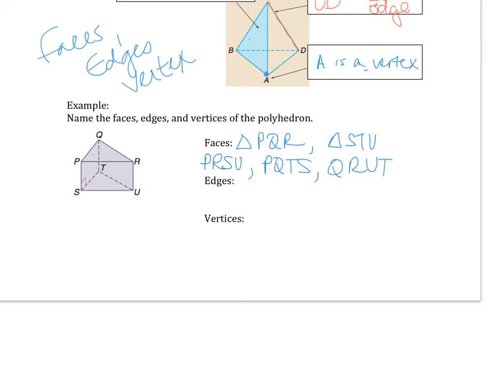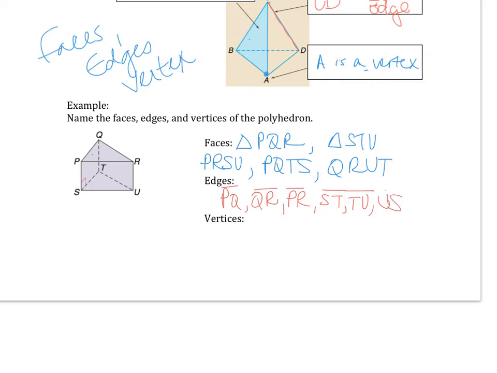All right, talking about my edges, and again, the edges are those sides, so to speak. So my edges here are PQ, QR, PR, so that's my top three edges. My bottom three edges down here make up that triangle. So that is ST, TU, and SU.